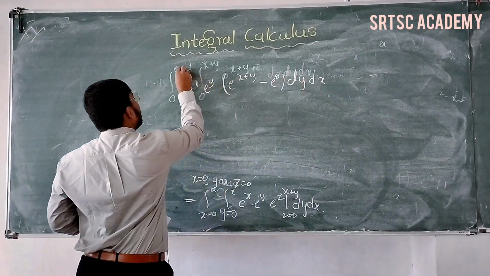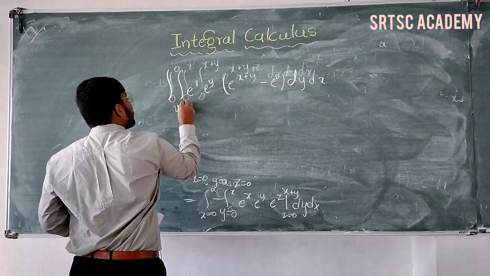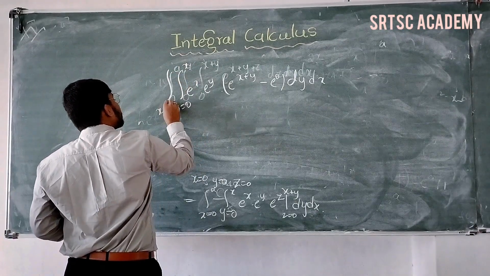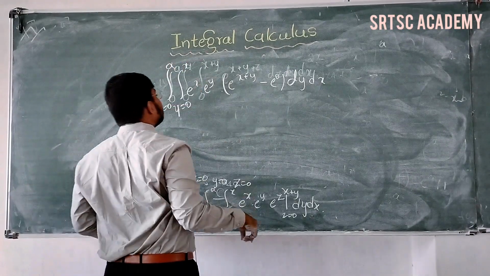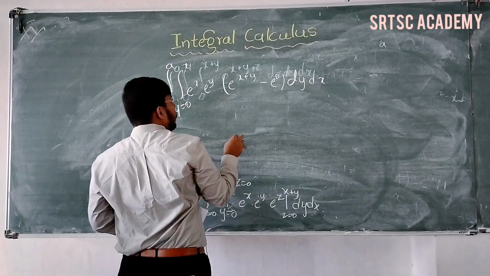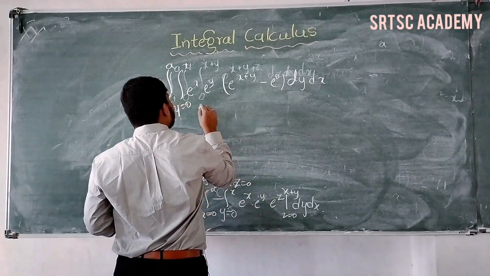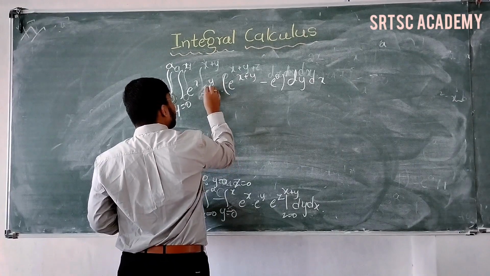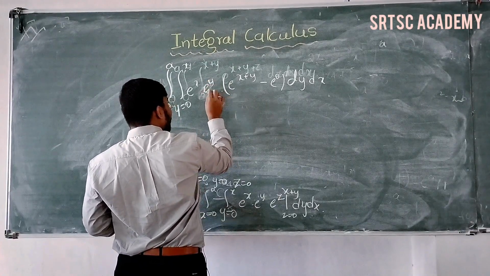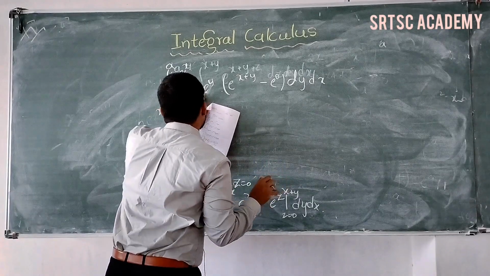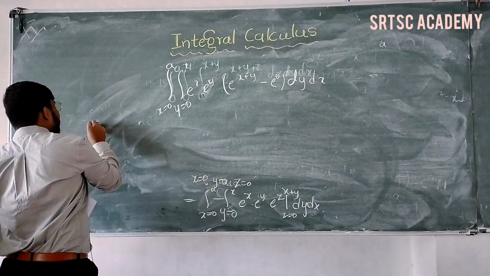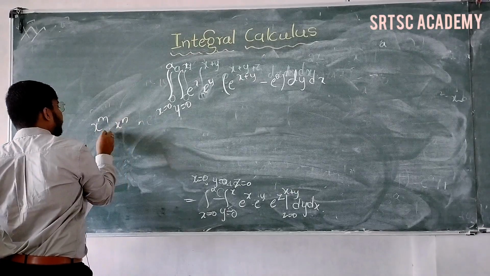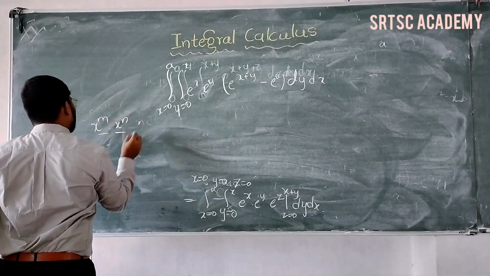Y varies from 0 to x, x varies from 0 to a. We can also write this e to the power y, right? E to the power y means what? Also we can write it as what? I told e to the power m into e to the power n. Bases are the same, then we can add the powers, right?